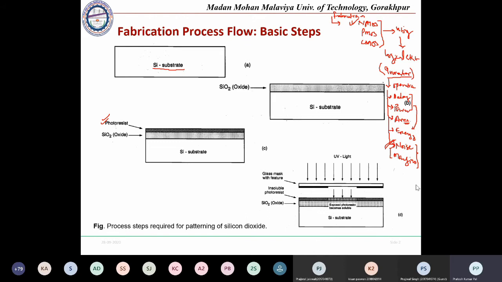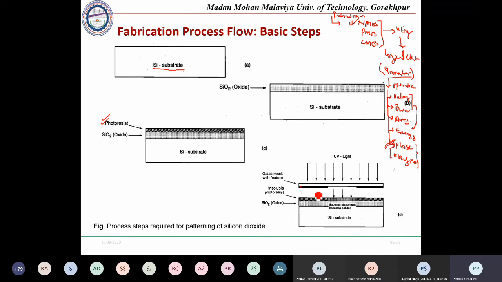In the third step, as in figure D, once we have deposited the photoresist, that is insoluble, in the sense that there are different types of photoresist. Here a photoresist that is insoluble will be used. Once we have used this photoresist, we will apply ultraviolet rays, and we will be blocking some regions. The drain and source regions will be blocked, and the gate region will be provided with the ultraviolet rays.